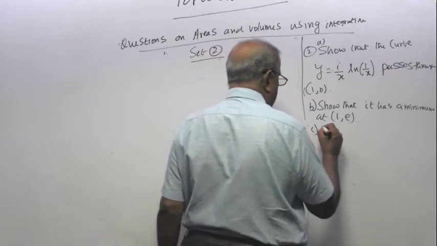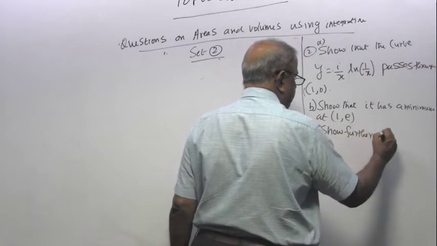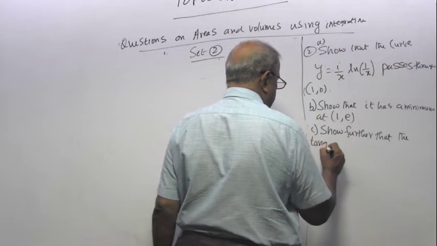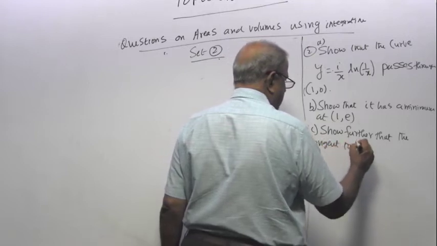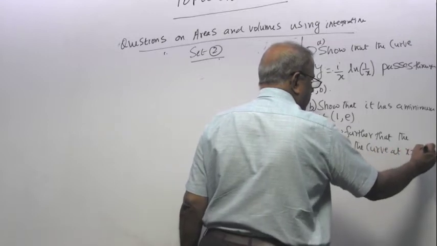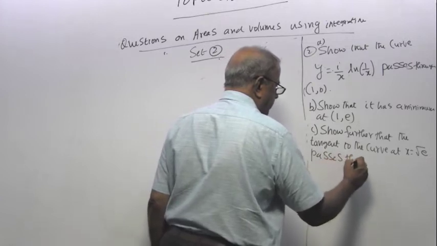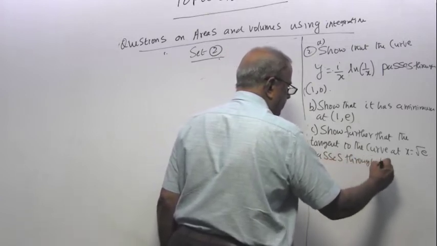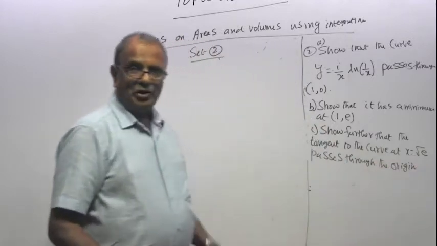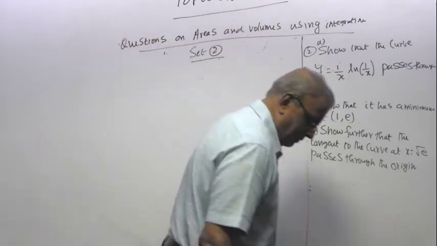Part C, show further that the tangent to the curve at x equal to root e passes through the origin. I like this question because I'm going to end up doing tangents, normal, differentiation, maximum, minimum, everything. I'm so happy.